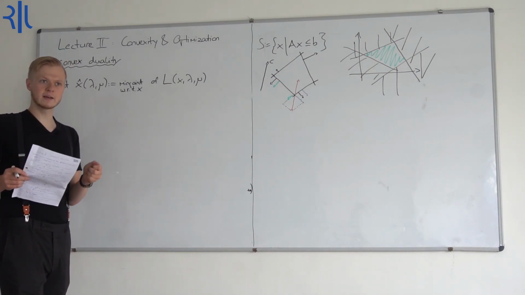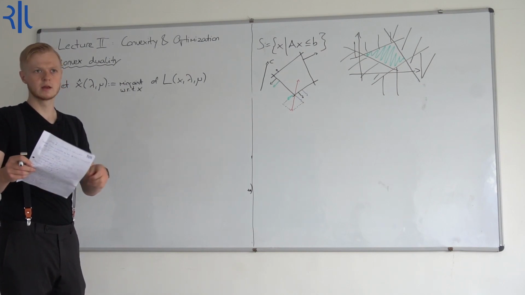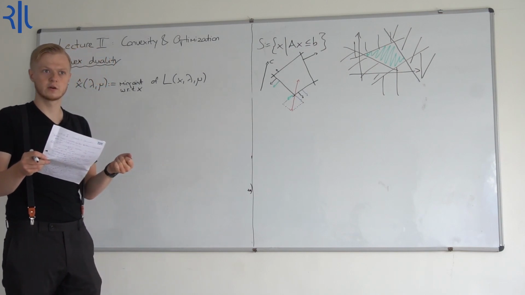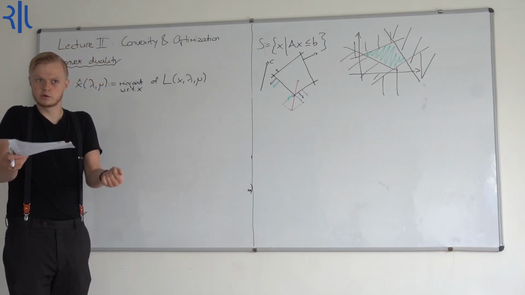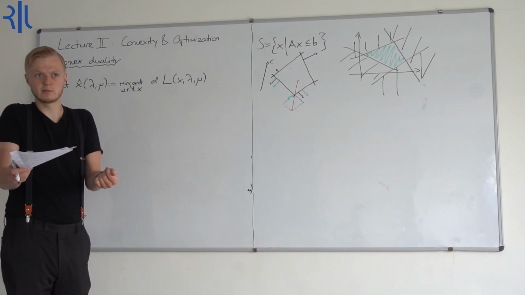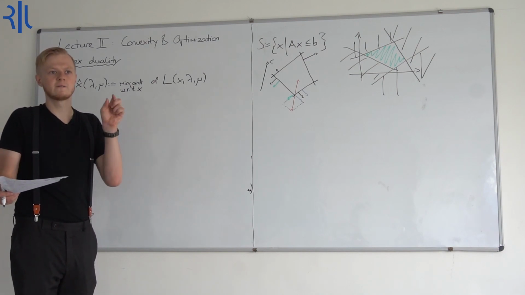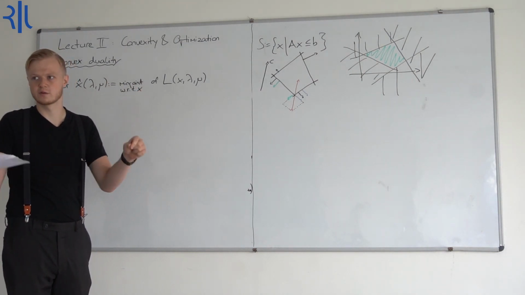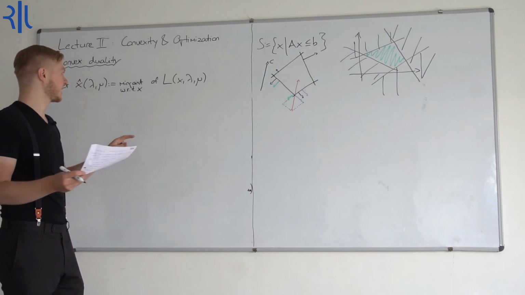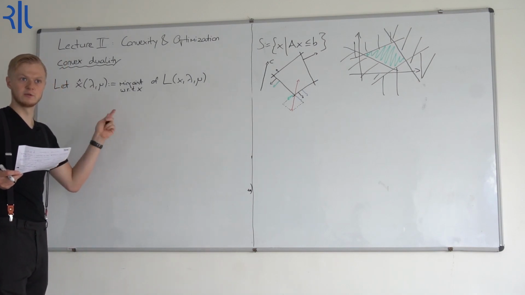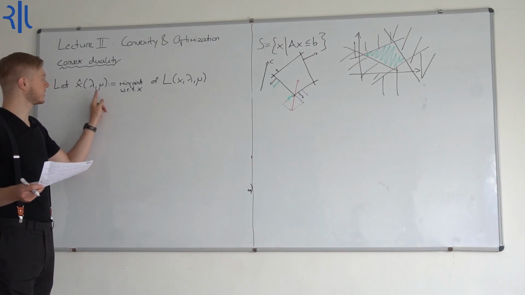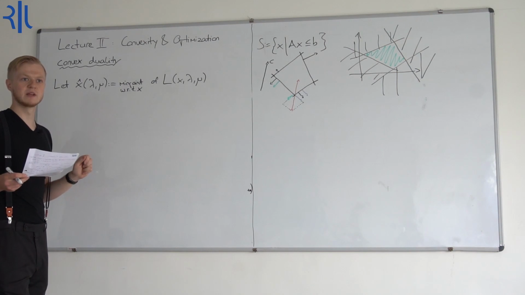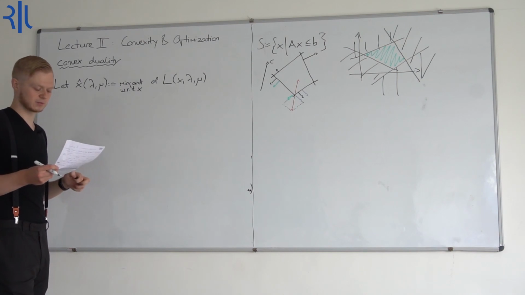If I give you a lambda and a mu, because the Lagrange function is convex in x, you would be able to optimize the Lagrange function and find the corresponding x that minimizes it for the lambda and mu that I gave you. And you can just put this into a new function. Somebody gives you the lambda and mu, and the function will return the minimal point that minimizes the Lagrange function with respect to this lambda and mu.